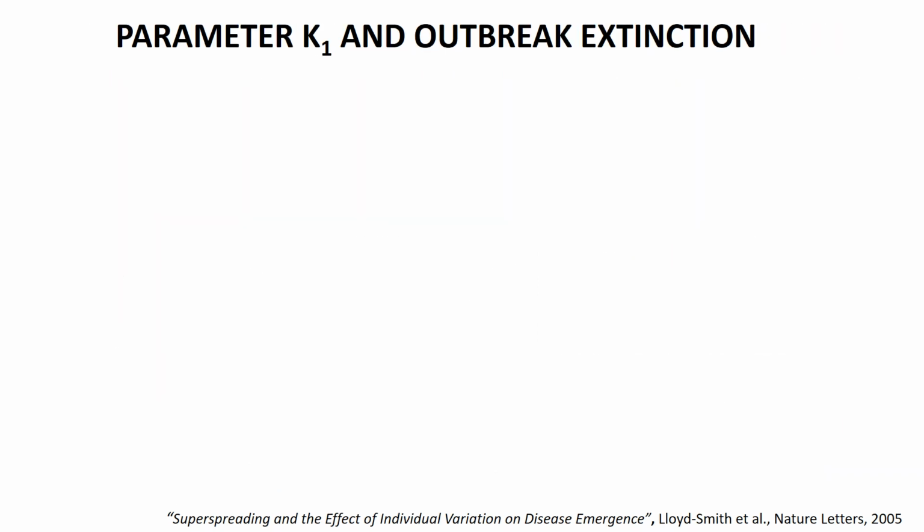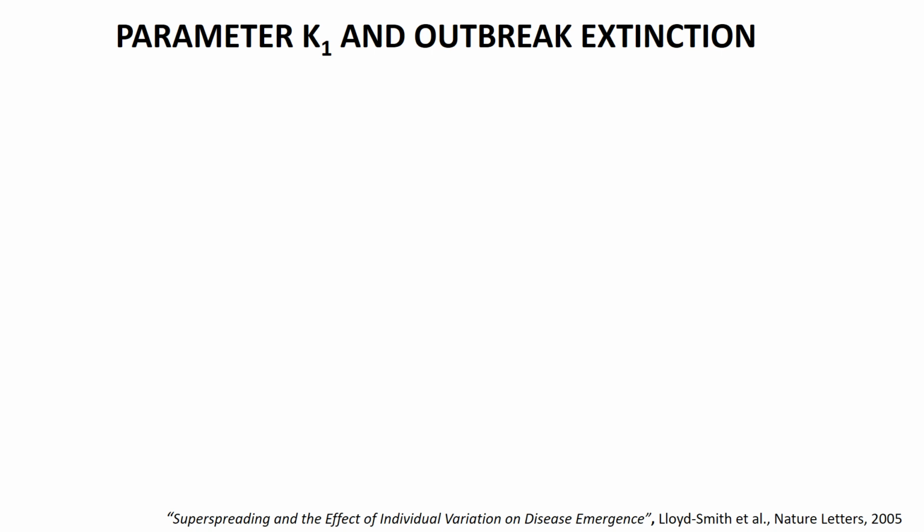The second example of how we can use the K number, or the dispersion parameter, is looking at outbreak extinction. This is the notion that eventually the virus will become extinct, and the probability of that happening can be affected by the K number.